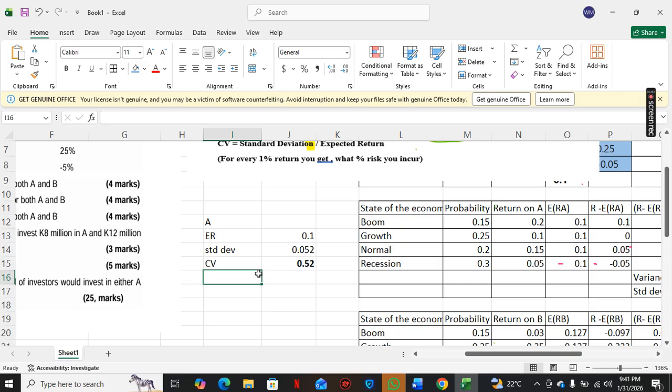So for every 1% return, there is 0.52% risk for investment A. Okay? For every 1% return, there is 0.52% risk.